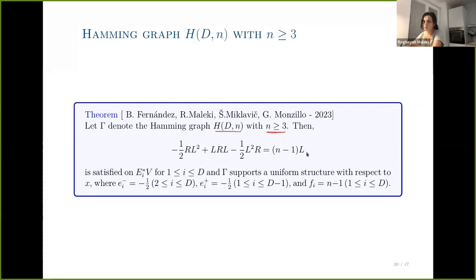We show that this uniform equation is satisfied on E_i* V. In that case, again, as previously, we went over the definition of uniform structure and computed the uniform matrix; the principal submatrix was non-singular, and everything works well. So the graph does support the uniform structure with respect to X.